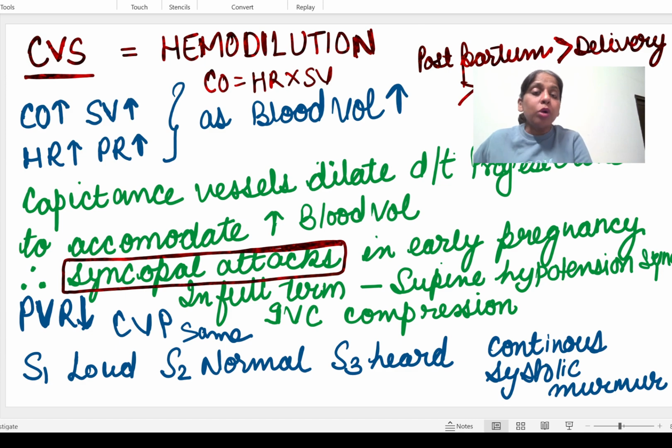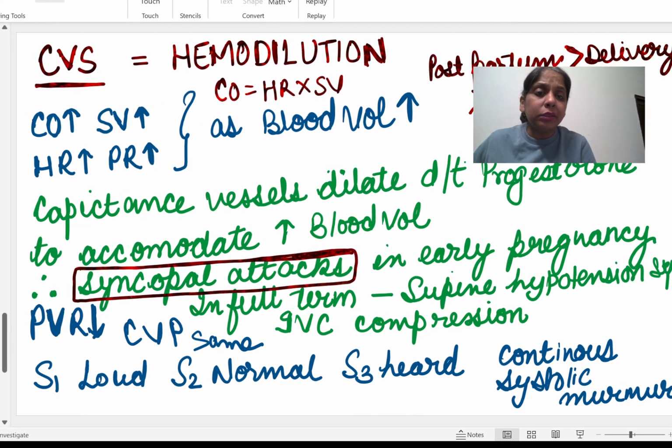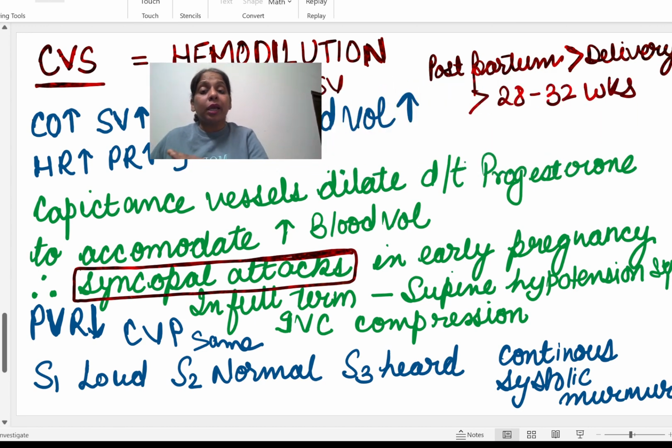The more the increase in the cardiac output, the more is the danger to a heart disease patient. Cardiac output is maximally increased at 28 to 32 weeks, because at this time the blood volume is increased maximum.